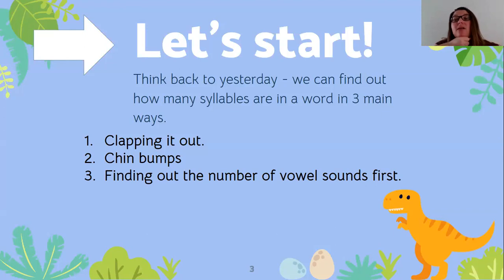If you have your hand underneath your chin, anytime it hits, that is a syllable. Or you can just hold it, and anytime your chin goes down, that is a syllable. Try that one out. Or you can find out the number of vowel sounds first. There are a few different ways for you to figure this out.